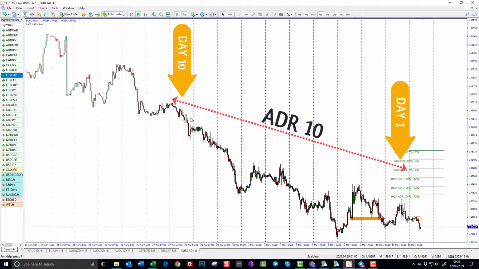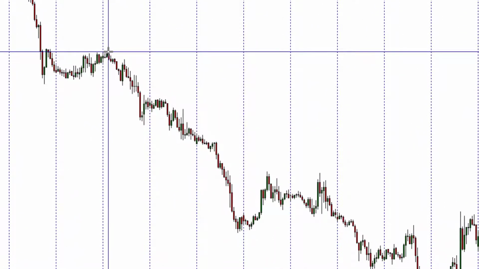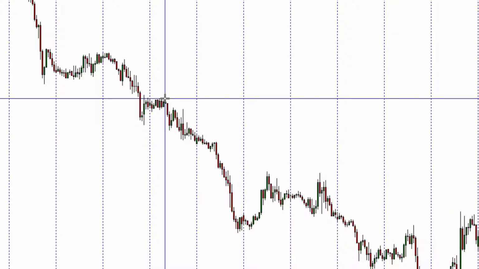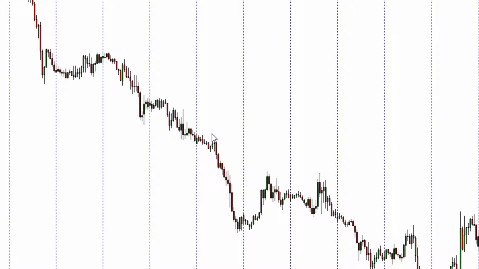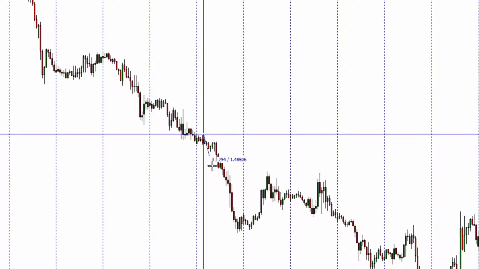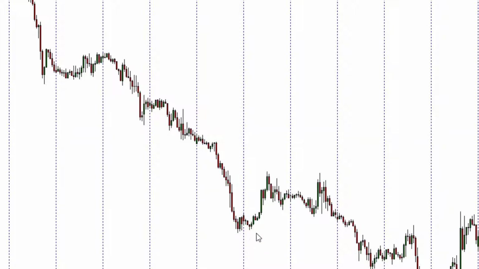If we put a little measure on these daily moves, if I take the high here and measure down, you can see that the pip movement on this particular day was 99 pips. The next day we had a range of 58. Then the following day we had a range of 133 pips roughly.